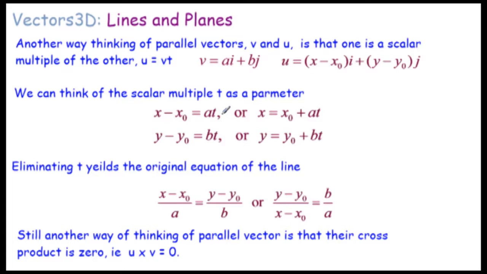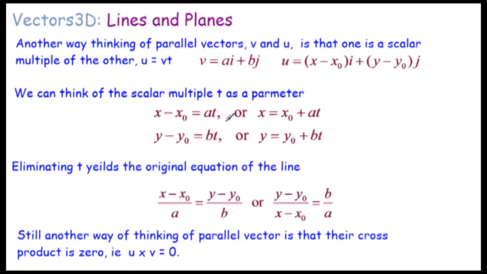And the same for the y: y minus y0, the y component of the vector on the line, must equal a scalar multiple of this other vector's y component b, so y minus y0 equals bt. This idea of a scalar multiple is all to do with vector spaces, but basically if the vectors are acting in the same direction, they are either equal or multiples of each other.